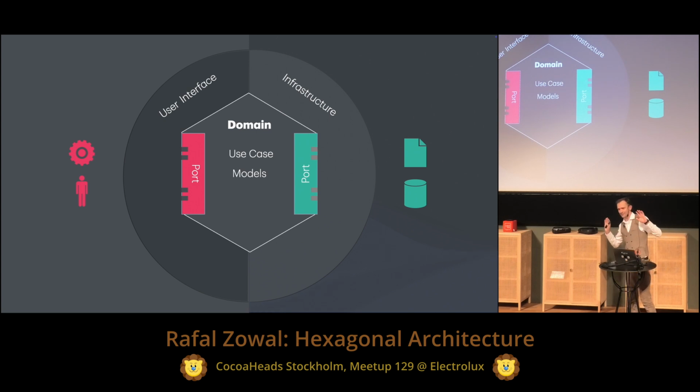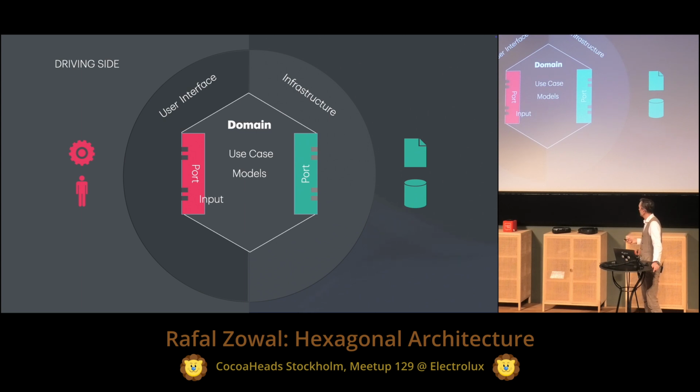I don't understand the colors, but I think it's green. They have different purposes of existence, but typically it's simply an interface that you create. On your left side, you have the ports they call the input, and somebody calls it the driving side.